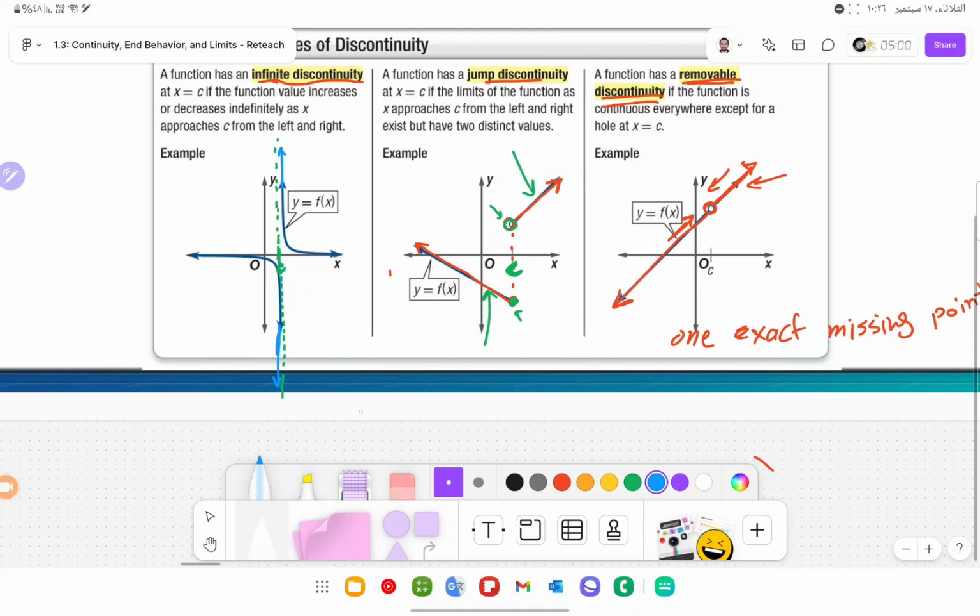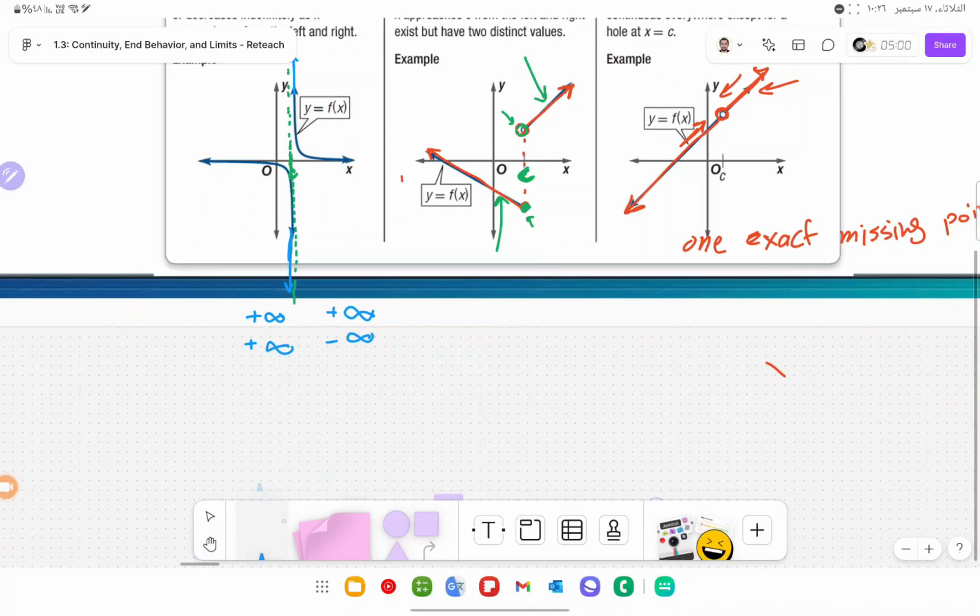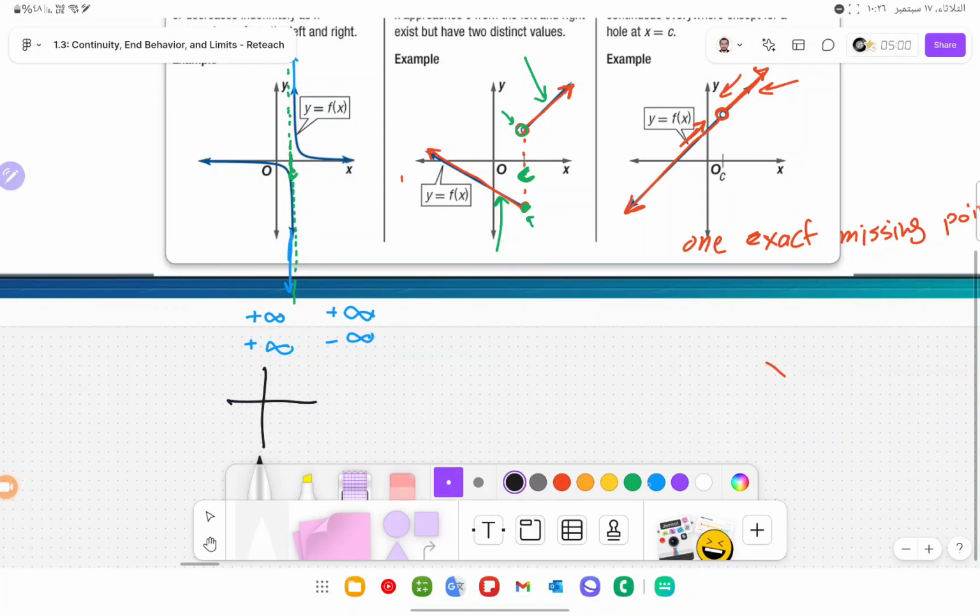So it will be positive infinity, or negative infinity, or sometimes both of them are positive infinity. Why would both be infinity? Let me give you the situation. Let's say this is y and this is x. The function goes forever at point C, so both the function from the right and from the left go to positive infinity, or sometimes both go to negative infinity.